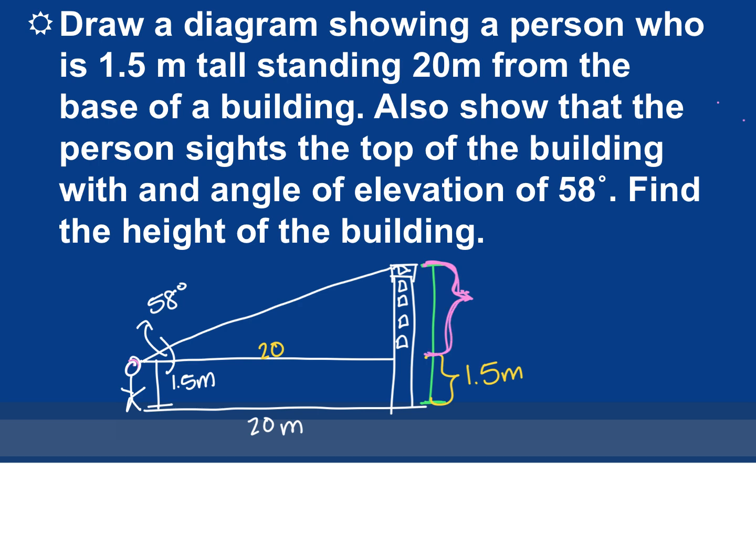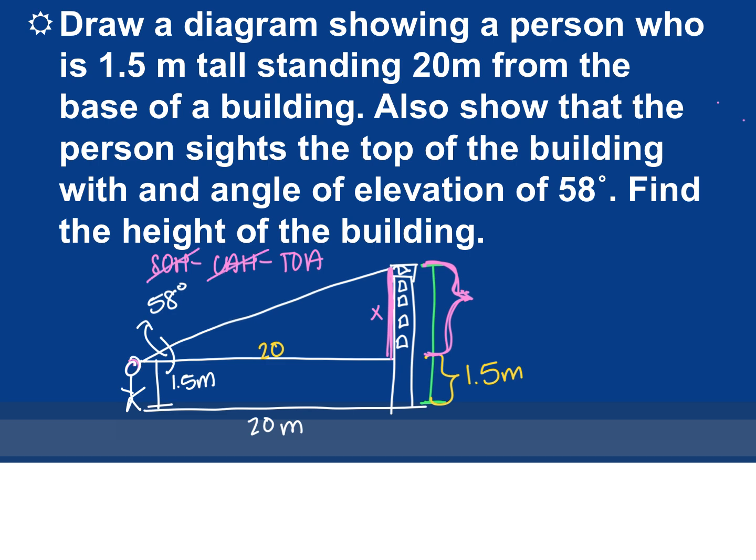So, knowing the rule of SOHCAHTOA, what am I going to use to find this remaining height right here? Let's call it x. What do I have? I have my angle, I have my adjacent side, and I have my opposite side.